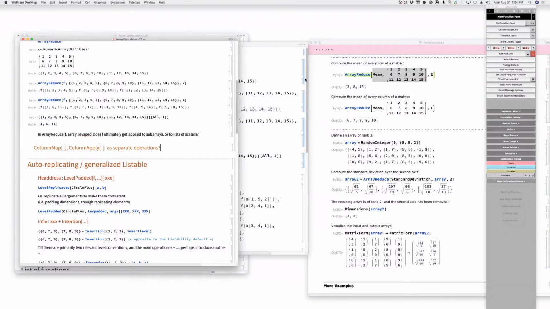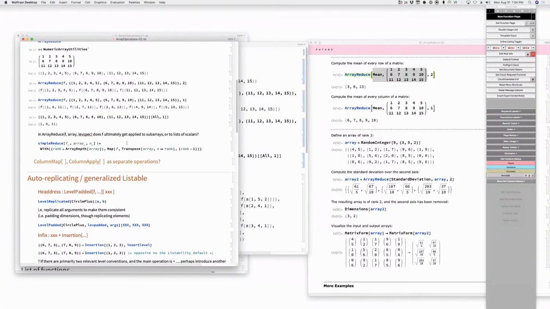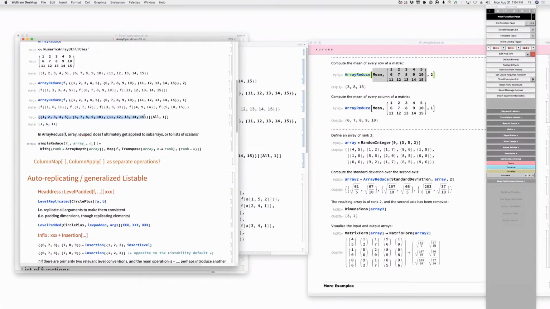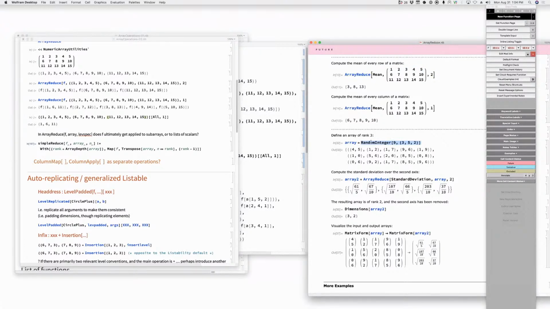So Stephen, I've just put in chat a simple function, which I believe is what Etienne is claiming ArrayReduce does, at least for the single level case. And so then you can apply this to your array of 3 by 5 by 2, and Etienne can tell us if that's what he really means. Yeah, I think that's it.